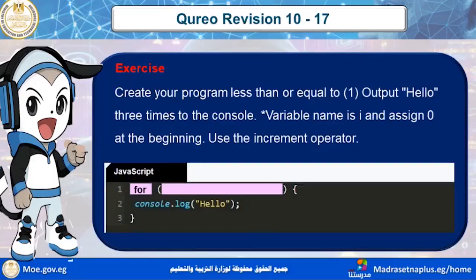We should use for because we have to repeat hello 3 times, and inside the parentheses of for we have to write let I equal 0, I less than or equal to 3, taking the third value, and then I++, then you can write console.log hello.